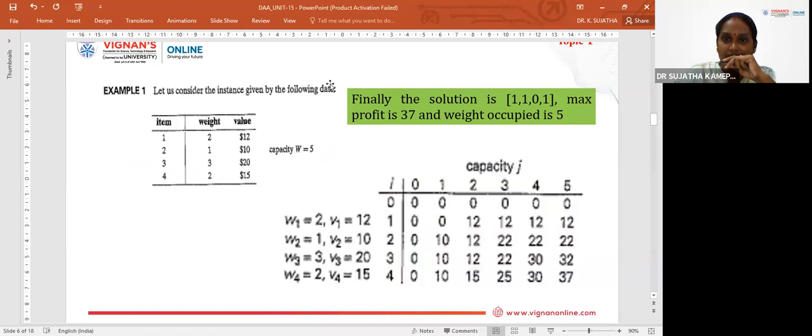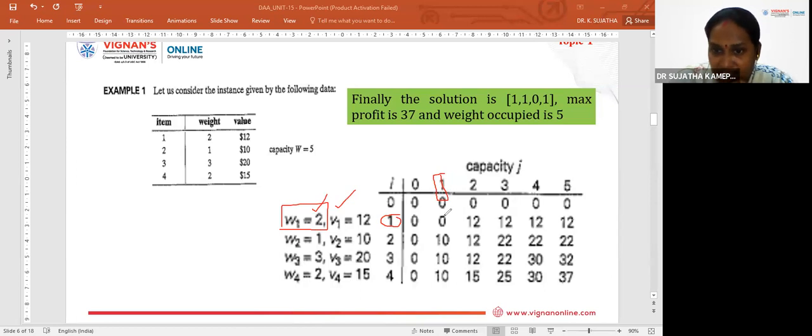Next, first we are going to select the first item. Now when we selected the first item, the weight of the first item is 2 and its value is 12. Now here the capacity is 1. Can I place the item with weight 2 in the capacity 1?